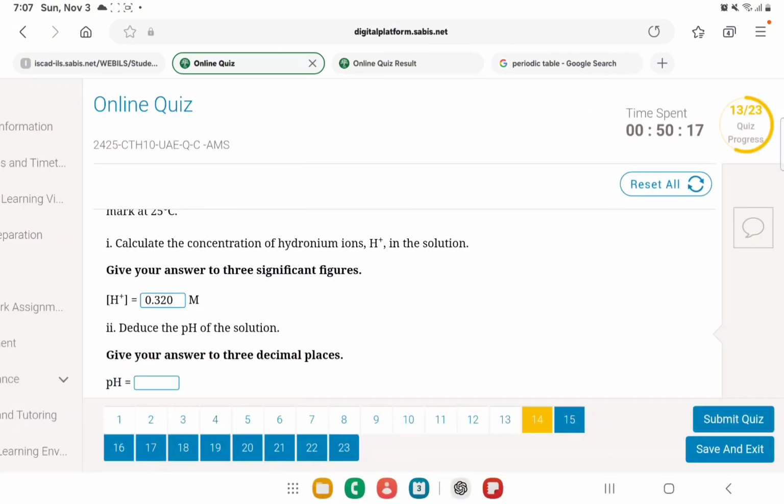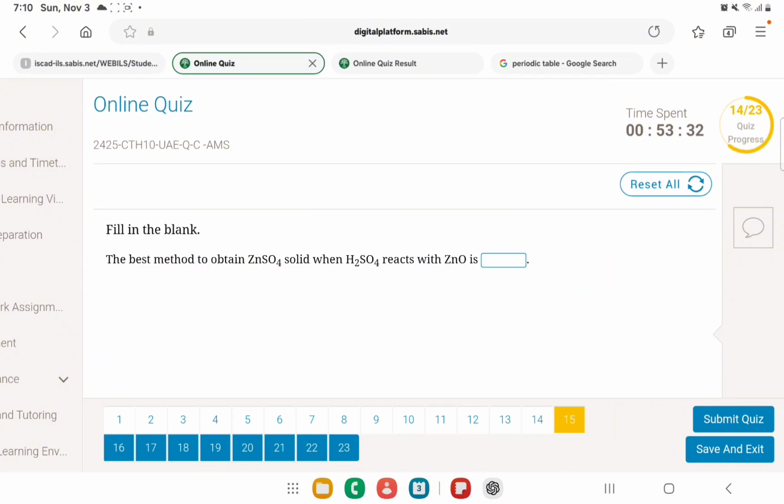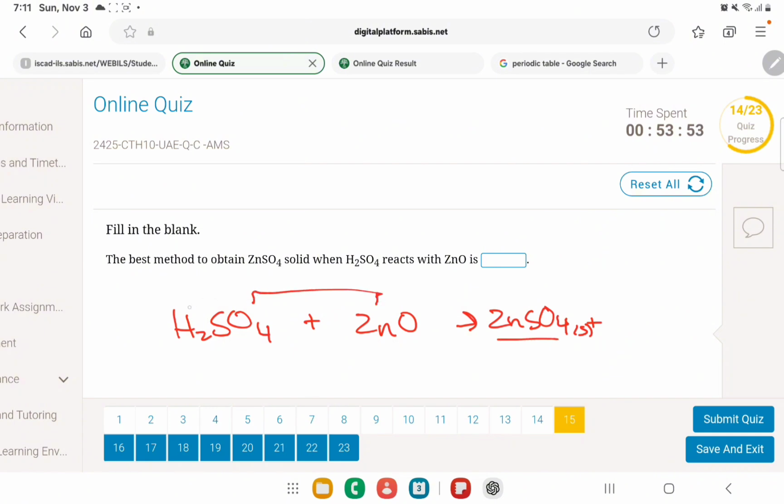Then deduce the pH of the solution. We know that the pH is equal to negative log of concentration of H plus, and if you have a box here, just put 10. Okay, so here the best method to obtain ZnSO4 as a solid, when H2SO4 reacts with ZnO, okay, look, we know we're going to use in and out, so in, ZnSO4, out, H2O.